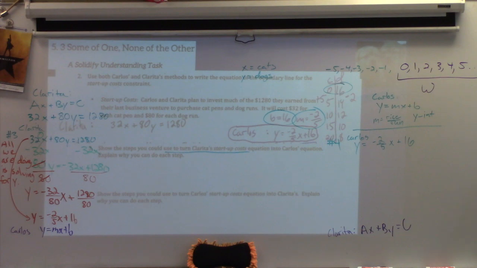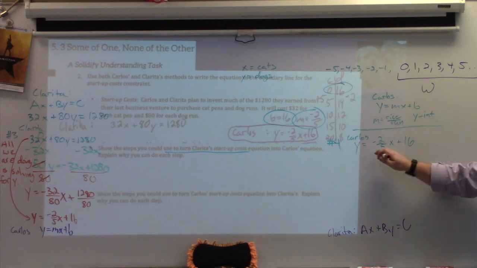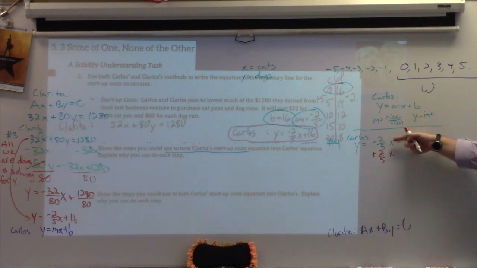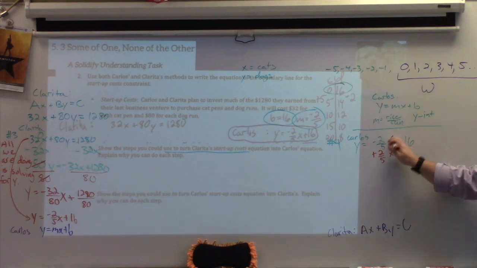You should have it written down. What was the first step we took over there? I believe you told us to add something, didn't you? Oh yeah, you had to add 2/5 x. Notice what is negative 2/5 x plus 2/5 x? That's that 0, right?